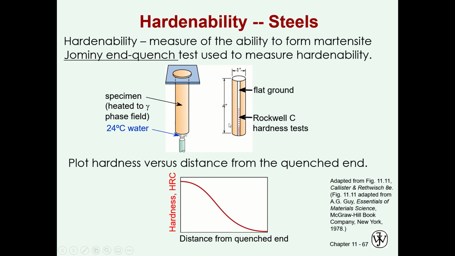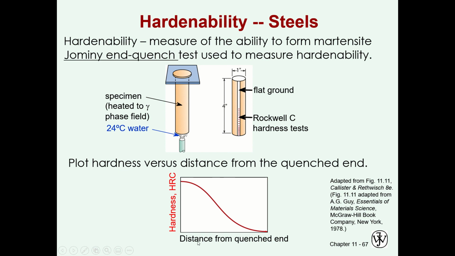So we test the hardness here. For example, we heat this specimen to gamma phase, and then we quench it with 24 degrees water, and then we try to scratch the surface. Okay, and then we plot the hardness.